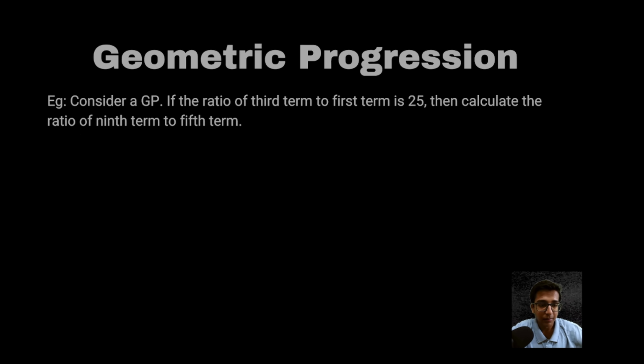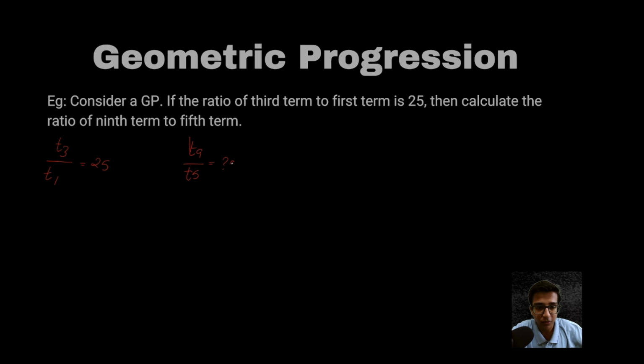Let us take an example to understand that formula's concept a bit more. Consider a GP where the ratio of third term to first term is 25. So let us write down what has been given to us. The third term to first term is 25. Then calculate the ratio of ninth term to fifth term.